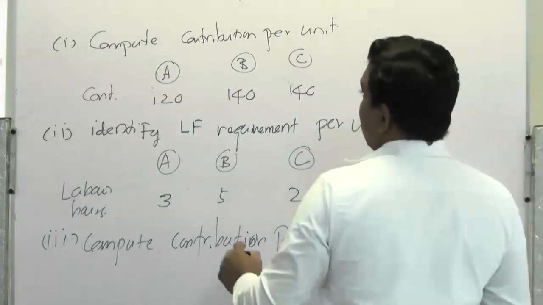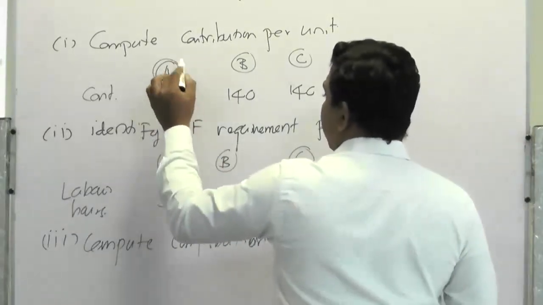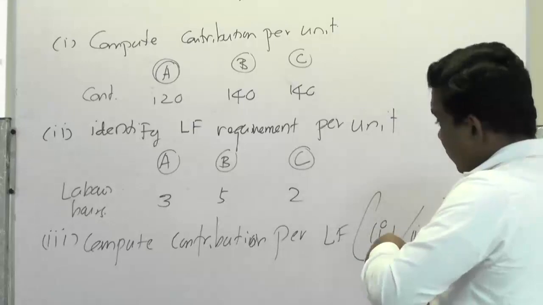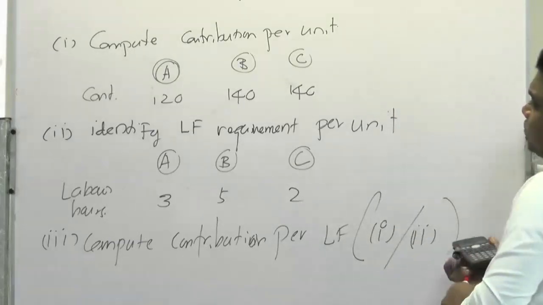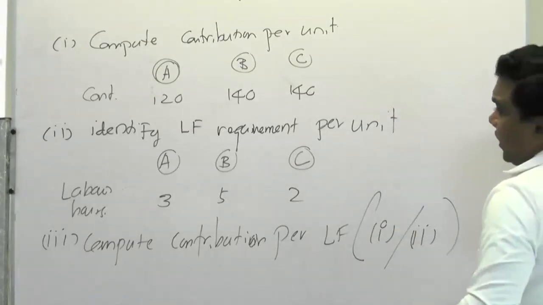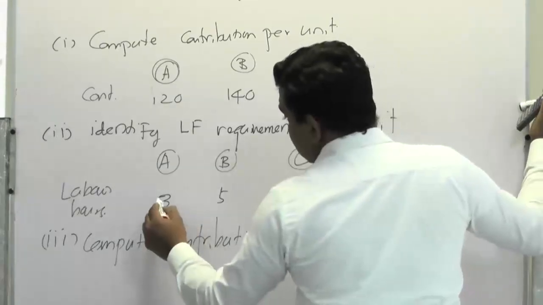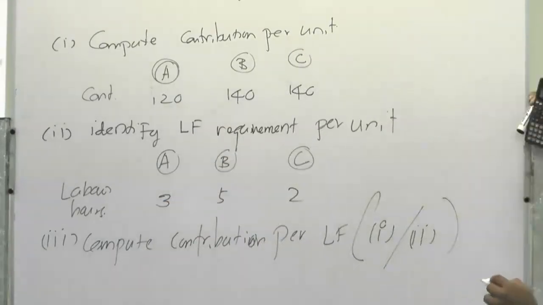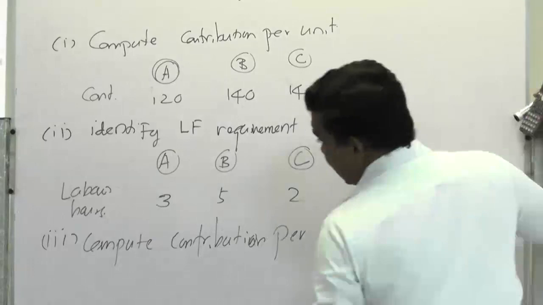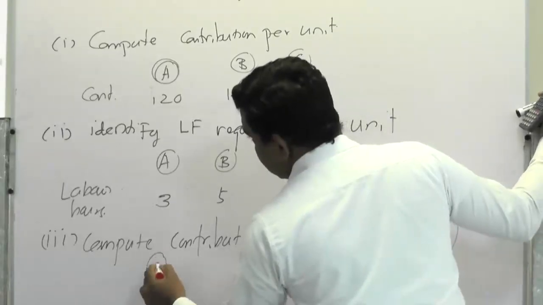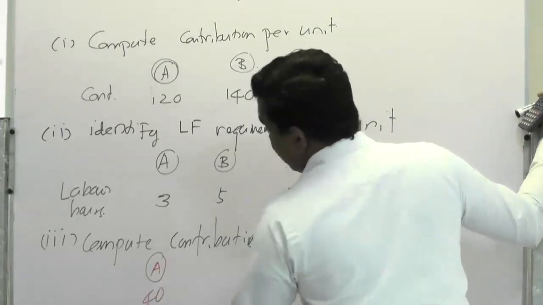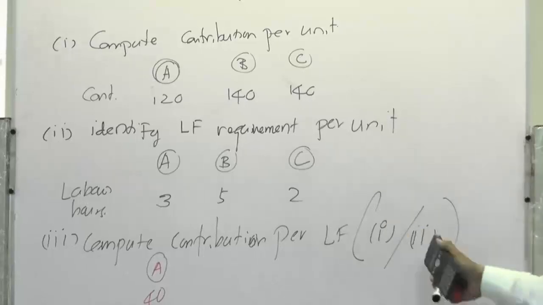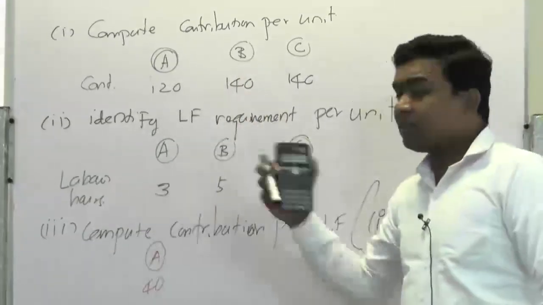Now see, if you produce 1 unit of A, this is a very important point to understand. If you produce 1 unit of A, you require 3 labor hours. That means 1 labor hour will generate 40 rupees for you: 120 divided by 3.